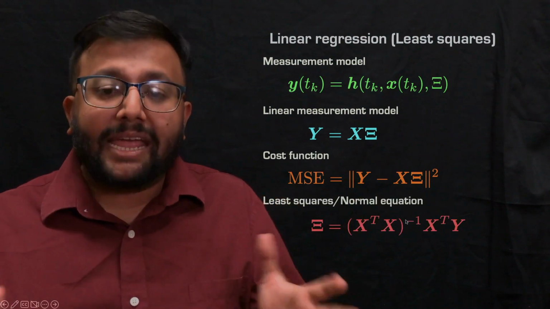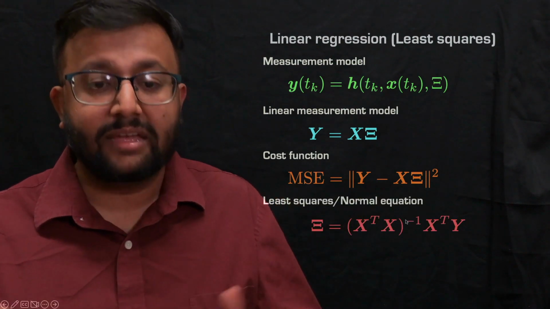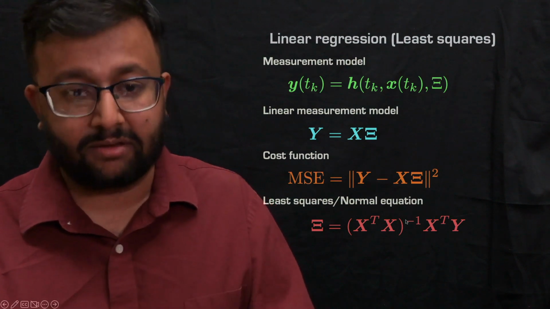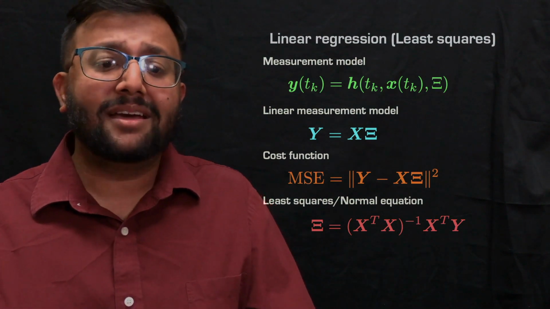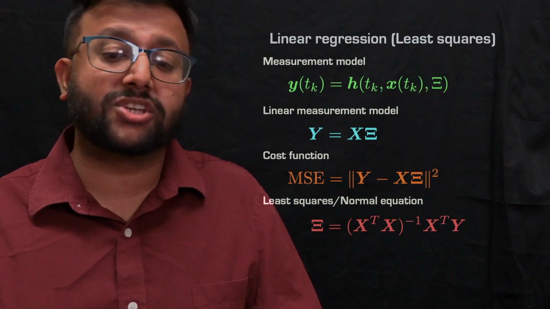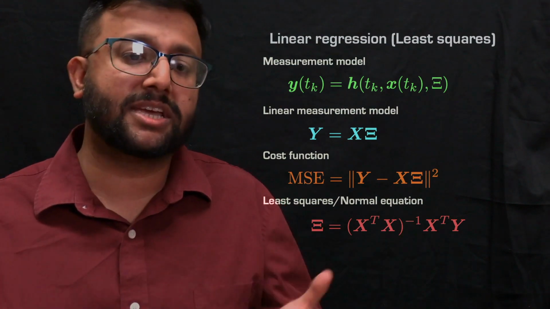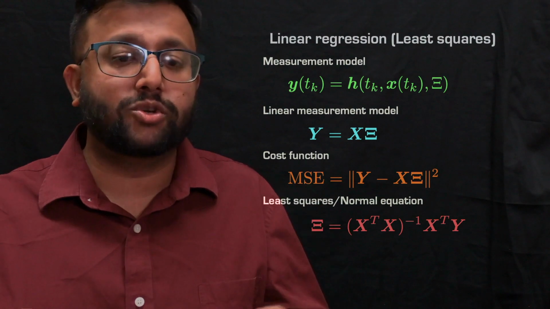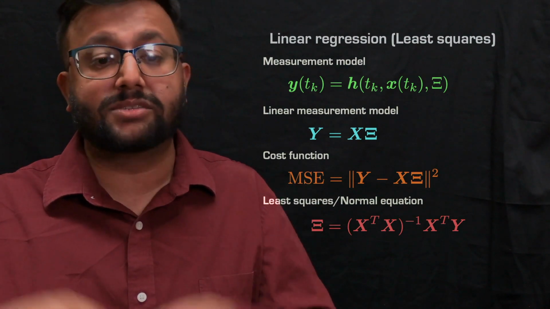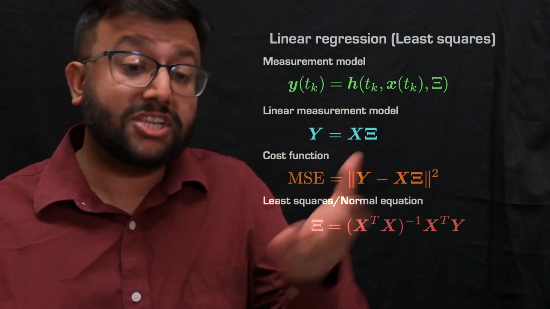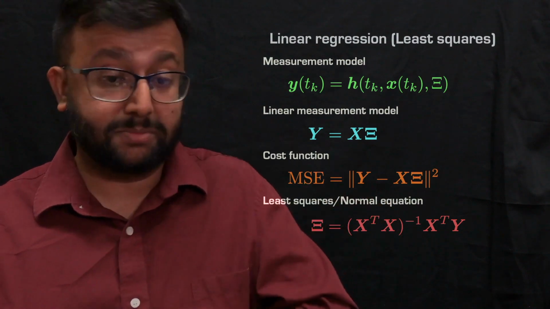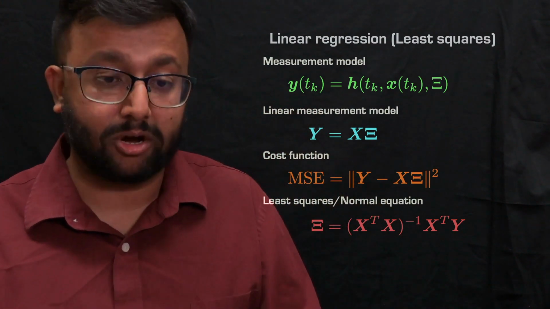We can obtain these coefficients by solving the matrix equation given here. And this matrix equation is also called a least squares equation, right? So this is the closed form solution for getting these coefficients for the linear measurement model or your linear regression model, right?